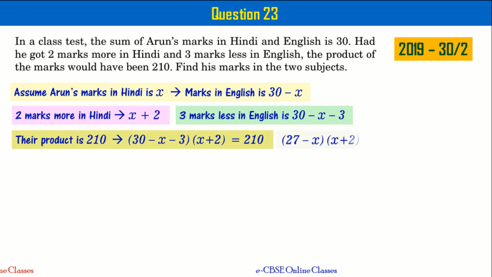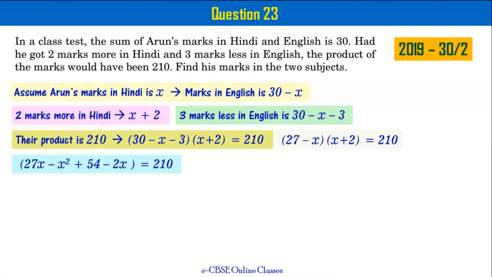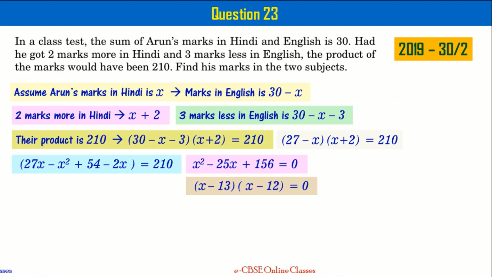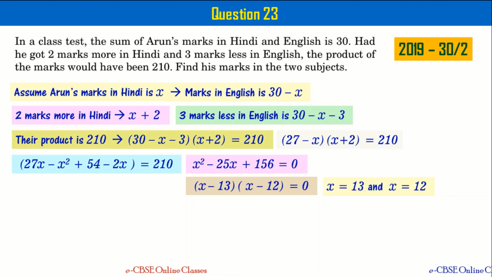You simplify this equation such that you get x square minus 25x plus 156 equal to 0 as the quadratic equation. This can be written as (x minus 13) times (x minus 12) equal to 0. It means x equal to 13 and x equal to 12 are the roots for this particular equation.